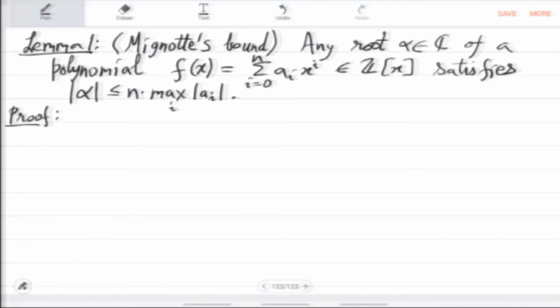So basically we divide into two cases. If you are looking at a root alpha whose magnitude is less than 1, then in that case what do you do?